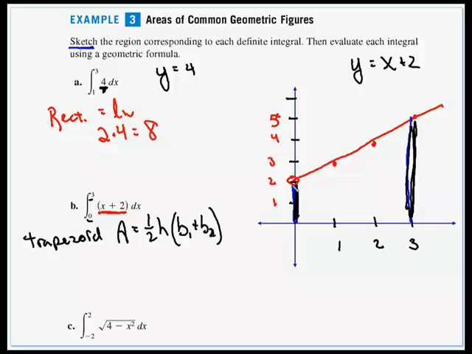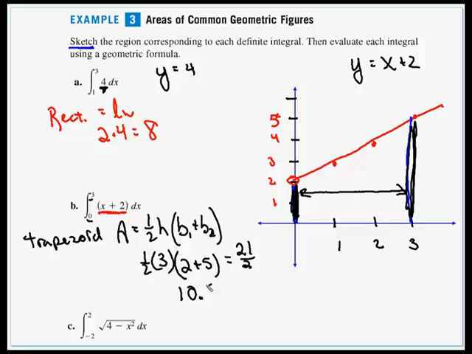So our bases are 2 and 5. So in these parentheses will be 2 plus 5. and we're going to have half the height, and the height is this way, which is 3. So we got a half times 3 times 7, and that turns out to be 21 halves, or 10.5 units squared, whatever units we're dealing with.